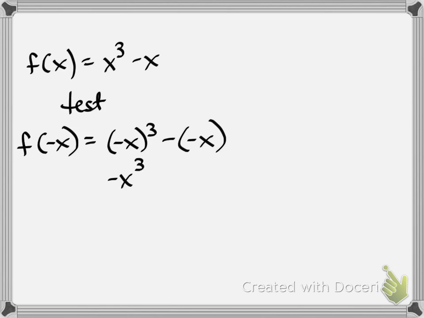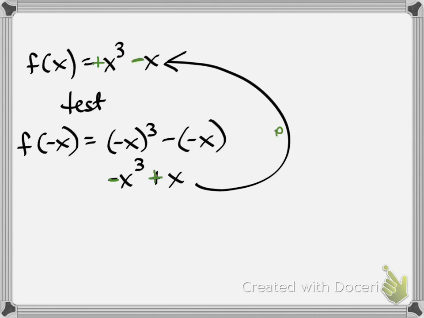Remember, a negative raised to an odd power is negative. And a negative times negative here is a positive. So we compare to the original. It is not the same. Is it exactly opposite? Check your first sign. You have a positive and a negative. That's exactly opposite. Check your second sign. You got a negative and a positive. So yes, it's exactly opposite. That means it's odd.